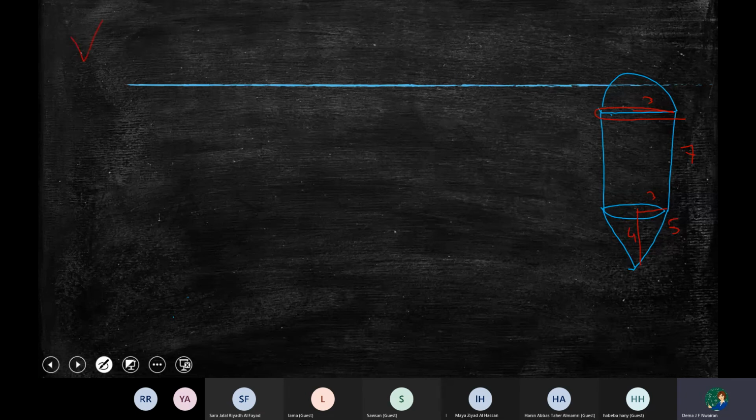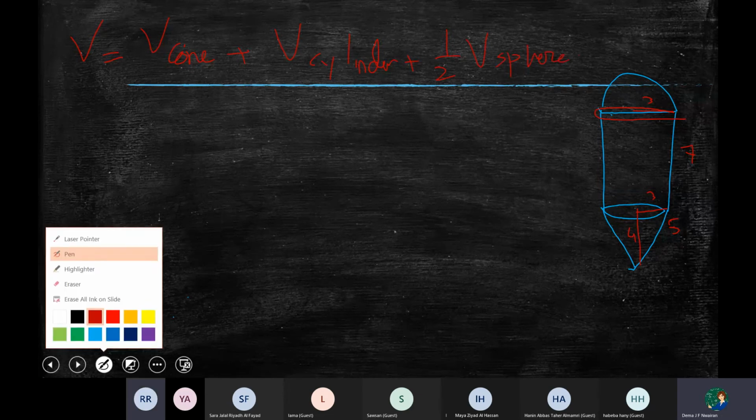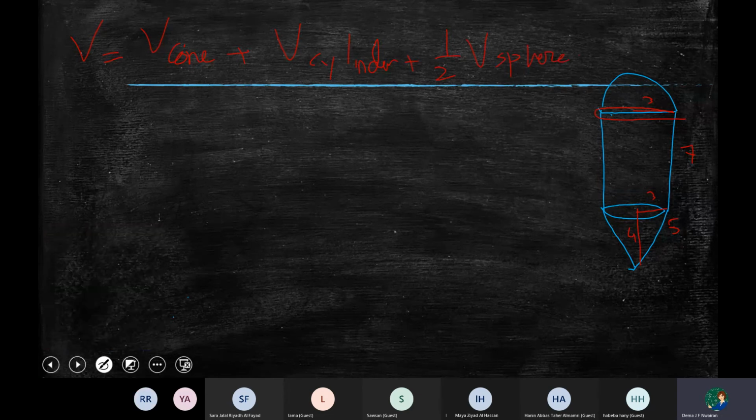So the volume now of the composite shape is the volume of the cone plus the volume of the cylinder plus half the volume of the sphere. The volume of the cone is a third the area of the base, which is pi r squared since it is a circle, times the height.